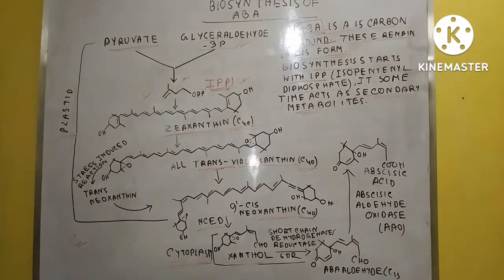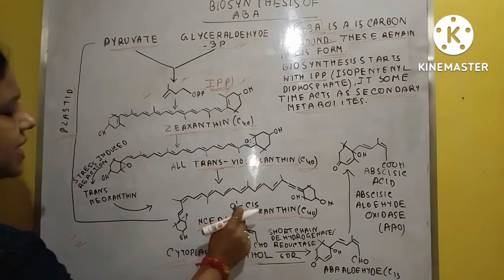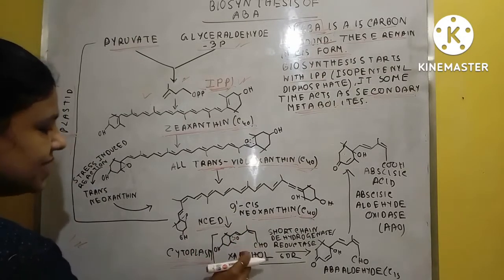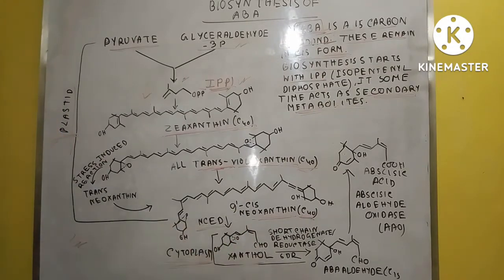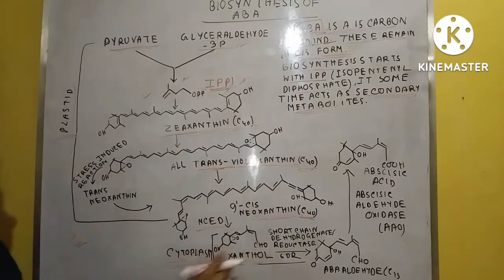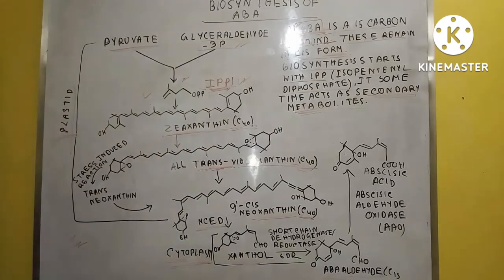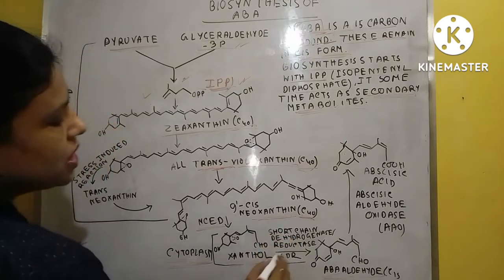And when it converts into the xanthoxal, this enters into the cytoplasm. Clear? After forming this, the product that converts into the xanthoxal form enters into the cytoplasm. And here the xanthoxal converts into ABA aldehyde in the presence of the enzyme SDR.